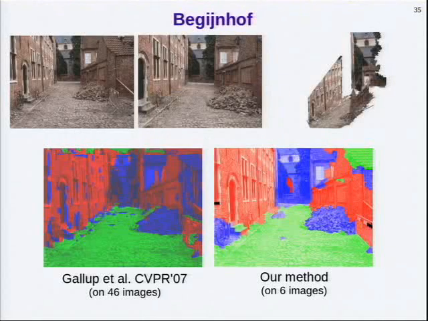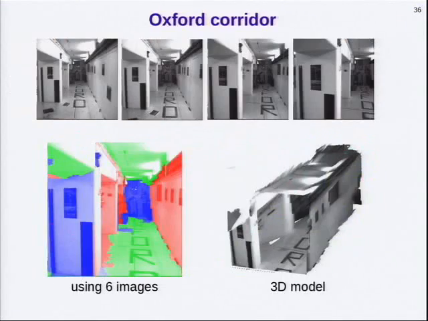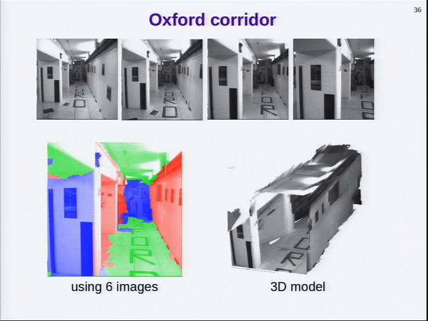Let's move to the next example. The next example is the Oxford corridor data set, and there is no dense stereo method which would show performance on this sequence because there is no texture. A pixel-based method would simply fail here because all the patches are in constant color.